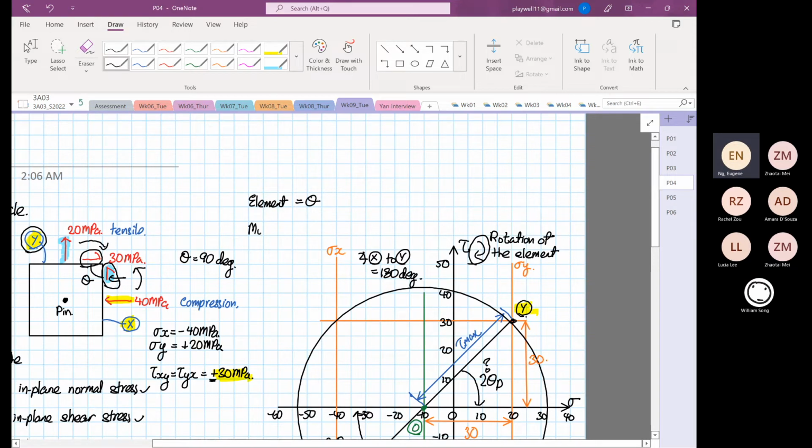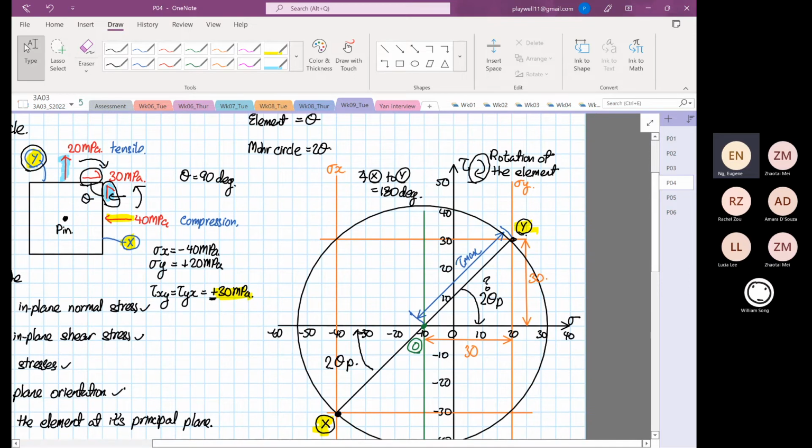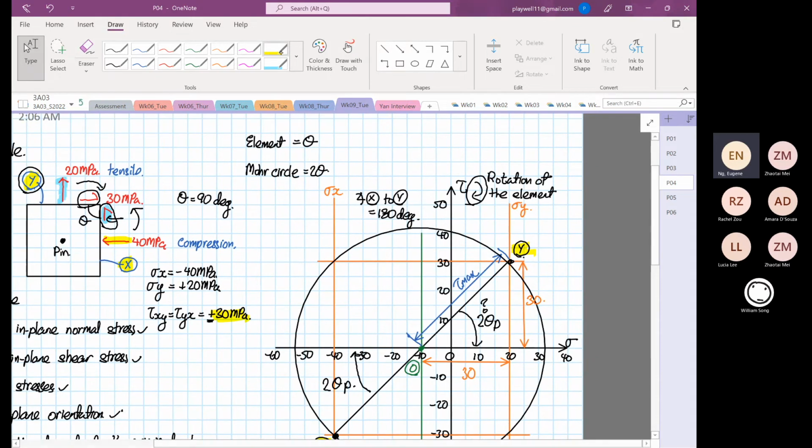On Mohr circle is equal to 2 theta. Okay, I'm just going to explain to you this way, a quicker way. Or I'll spend 45 minutes writing 3 pages of equation, and we come into the same thing. Okay, so important thing to take note, on the element is theta, on Mohr circle is 2 theta.